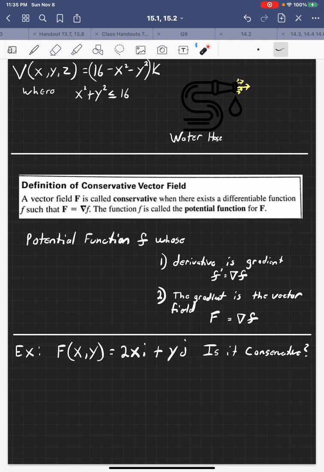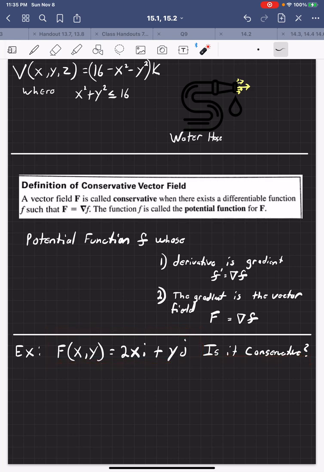Okay, let me see. I think we should be coming up on a break. Let me do this little bit before I get into tests and stuff like that in the next video. Take the following vector field: 2x i plus y j, and the question is, is it conservative?